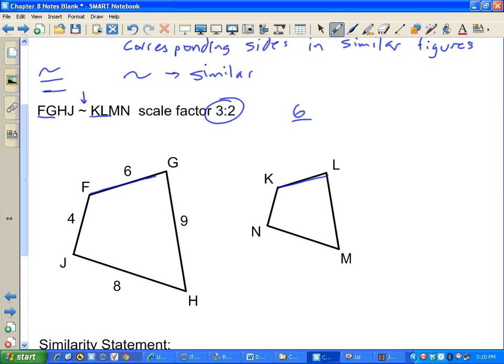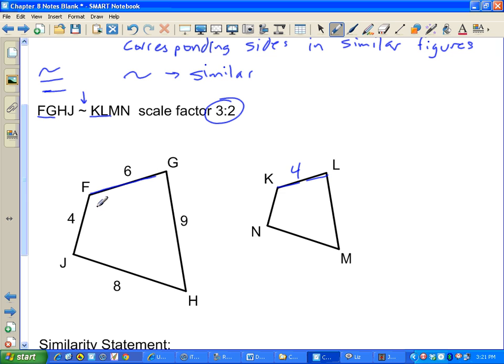So 6 over something has to equal 3 over 2. Okay, and I can solve that to figure out what this is. Well, we could cross multiply, or we could just look: what am I doing to 3 to get 6? I'm multiplying by 2. So I'm going to do the same to the bottom. That's going to make this a 4.